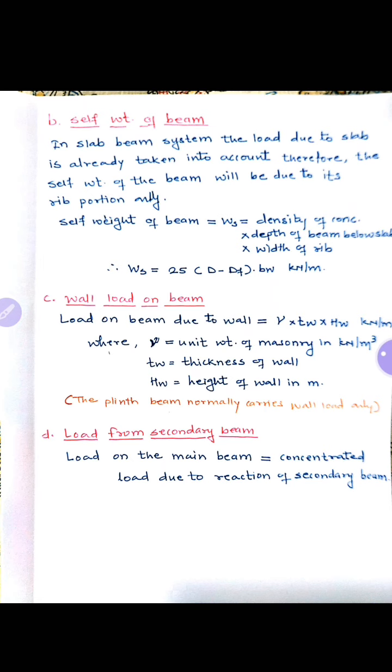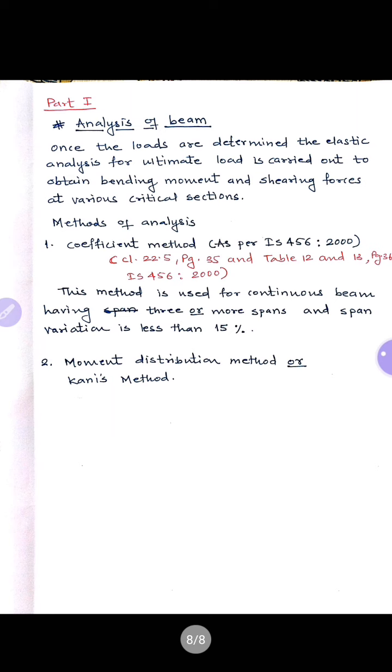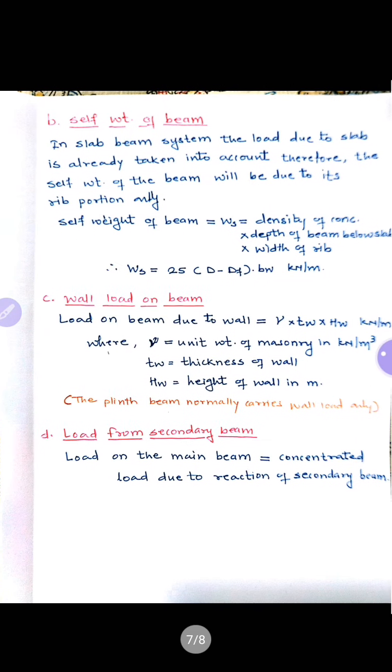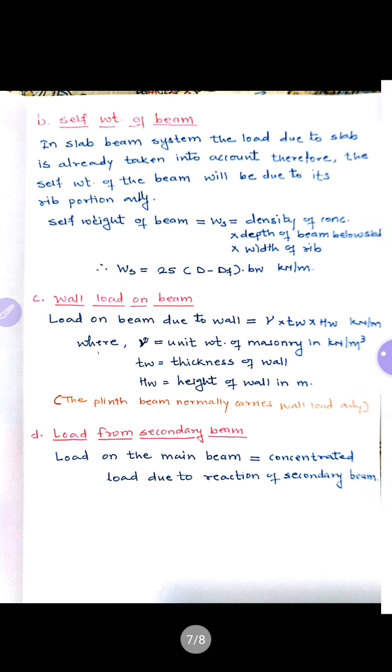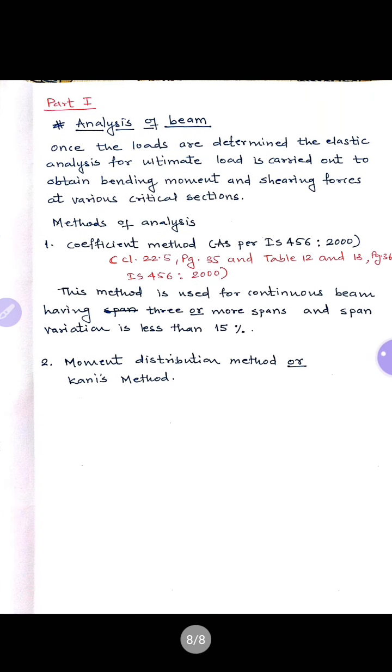So these are all the loads acting on beam. What are those? We'll just revise it. We have load transferred from slab, self-weight of beam, wall load on beam, and load from secondary beam if any.